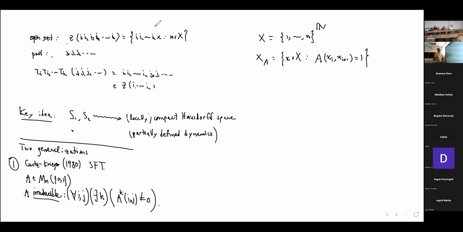So it's those sequences, but the successive entries in the sequence define an entry in A that's equal to what? So A is telling you what are the allowable sequences in the set.